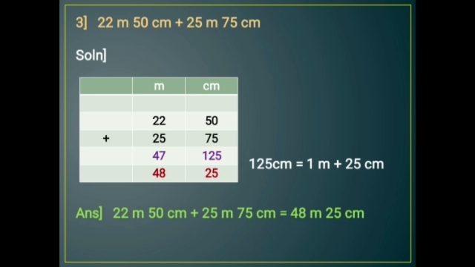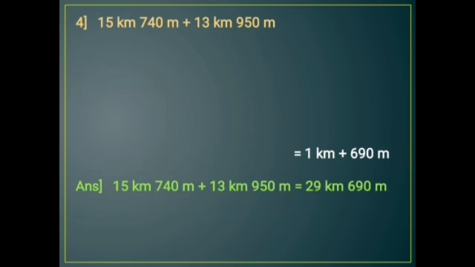So 125 centimeter can be written as 1 meter plus 25 centimeter, that is 1 meter is equal to 100 centimeter, and 47 meter. So here we will add 1 meter with 47, we get the answer here as 48, and 25 centimeter will come as it is. So our answer is 22 meter 50 centimeter plus 25 meter 75 centimeter is equal to 48 meter 25 centimeter.